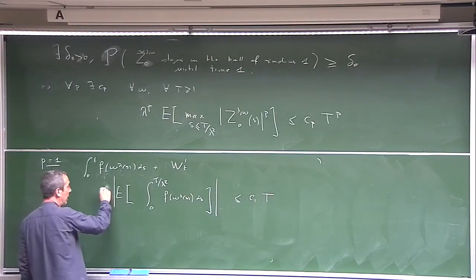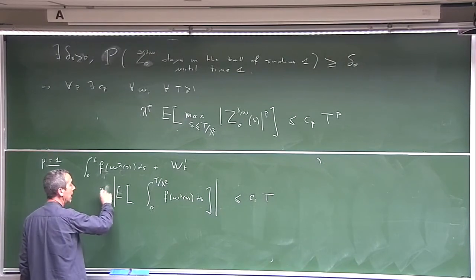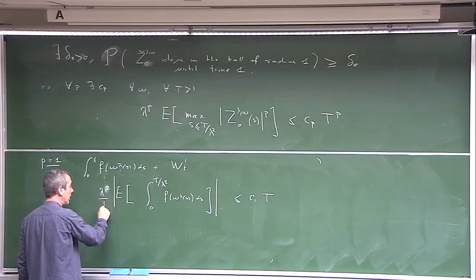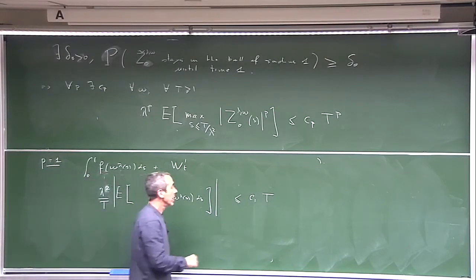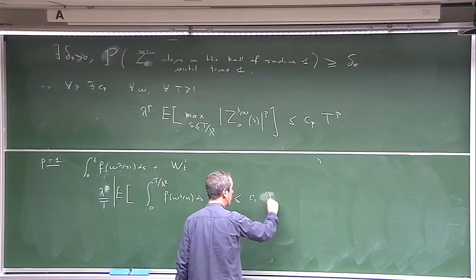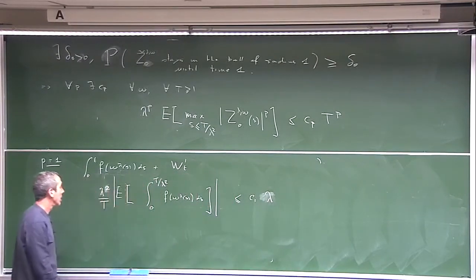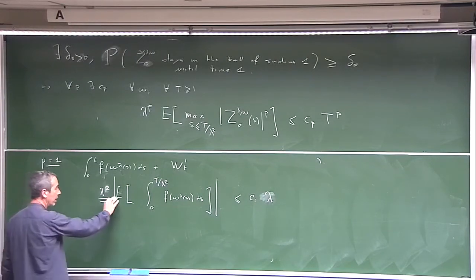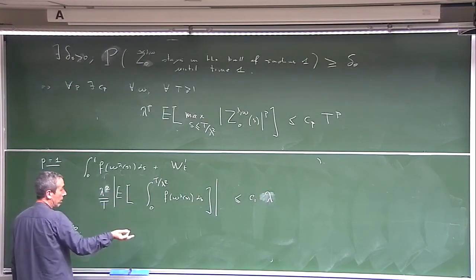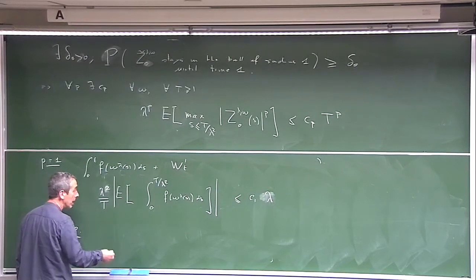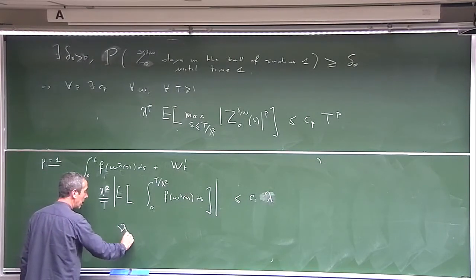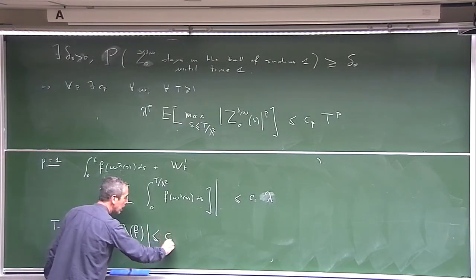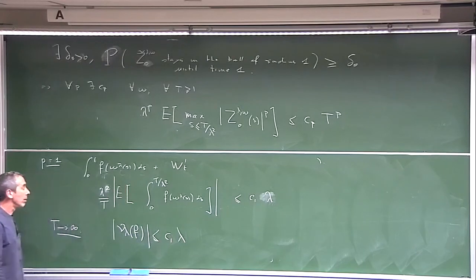What we really want to do is to take the limit when big T tends to infinity, so we would like to multiply by the inverse of time, so I'm multiplying by lambda over t, and then I get a C1 lambda, the upper bound. And then we can let t tend to infinity. When t approaches infinity, this is going to tend to the steady state, I'm assuming that the steady state exists. So I will get as a limit u lambda of f bounded by something linear in lambda.